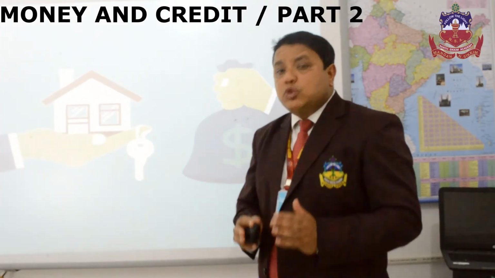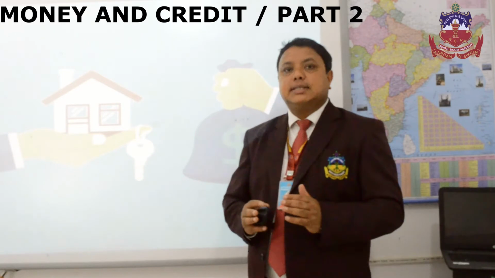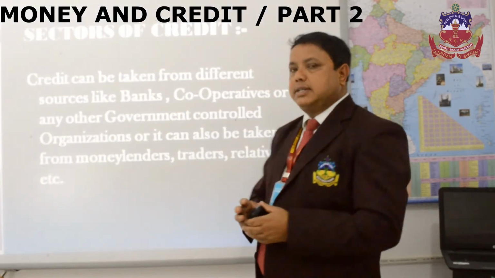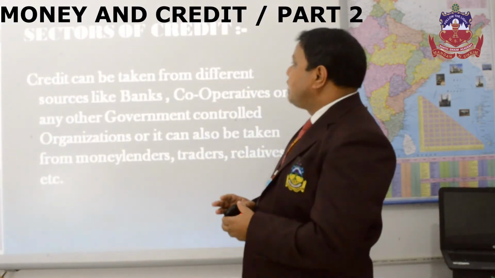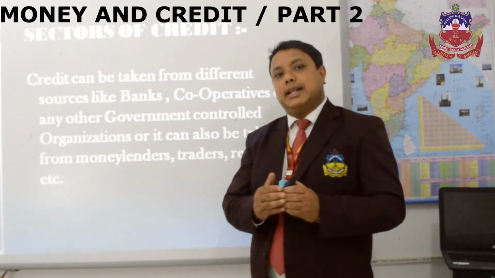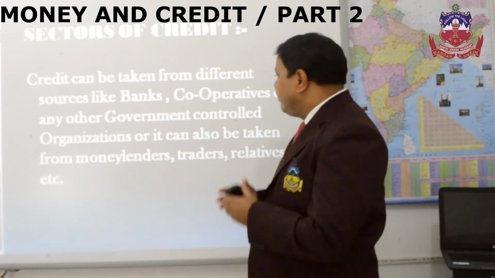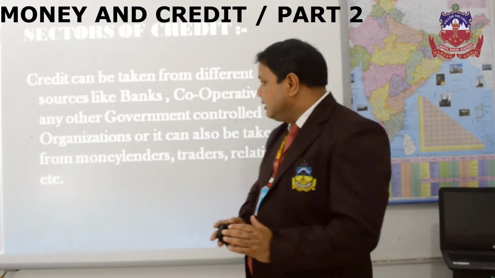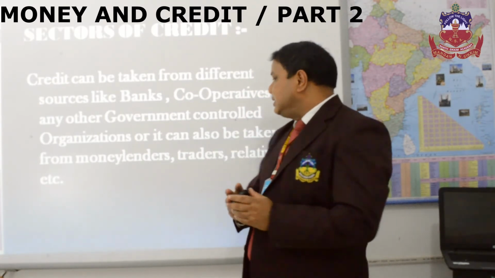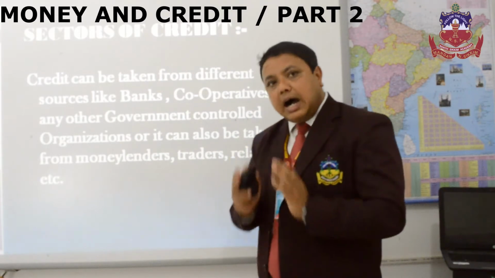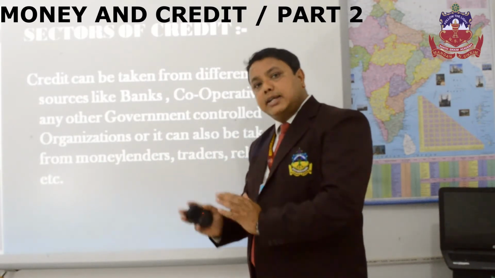Now let us move on to the next segment, that is the sectors of credit. Credit can be taken from different sources like banks, cooperatives, or other government controlled organizations. These organizations are known as the formal sector credit.